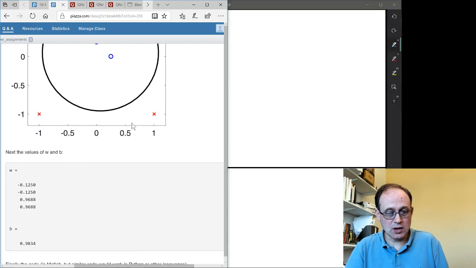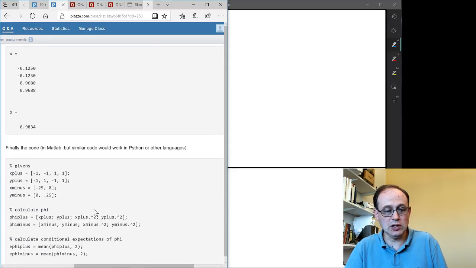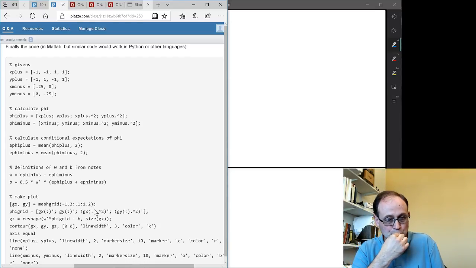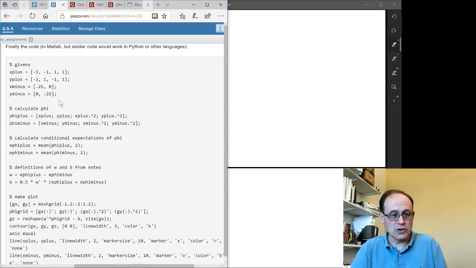So here I've included the correct values of the coefficients of the discriminant function, w, and the intercept term b. But let's take a look at the code to see how those were calculated. First we can start with the given information, copied directly from the problem statement.